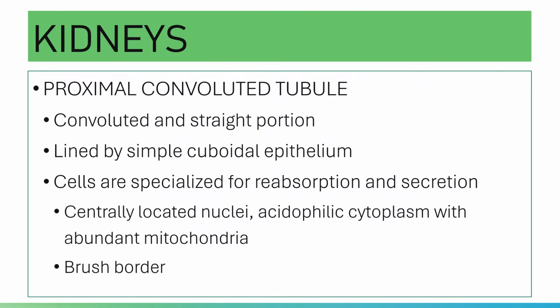Because in the PCT, over half of the water and electrolytes and all of your organic nutrients like glucose, amino acids, vitamins, and other organic substances that are filtered from the plasma in the renal corpuscle are normally reabsorbed in the PCT.